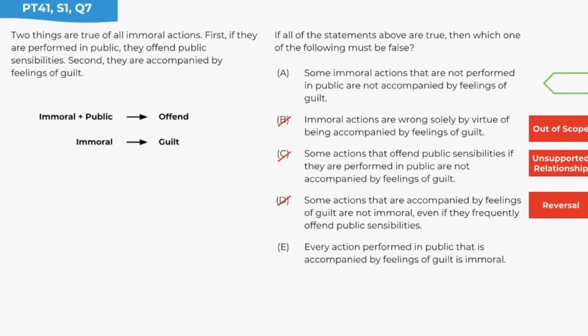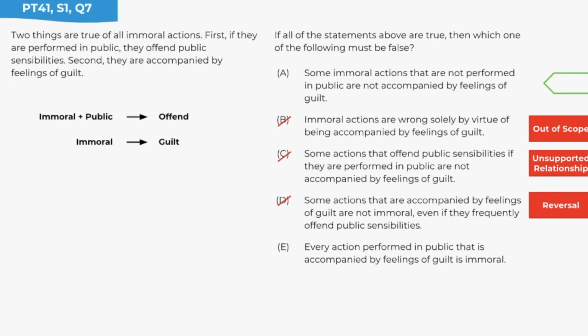It would require a reversal of the second statement in order for us to say that it does contradict that claim. Answer choice E says that every action performed in public that is accompanied by feelings of guilt is immoral. So this is a modified version of a reversal of the second premise. So now, a reversal, while it doesn't necessarily follow from the original idea, it doesn't contradict the original idea either.